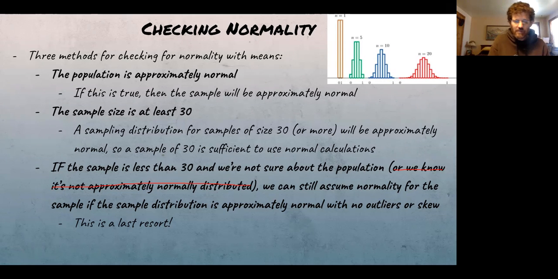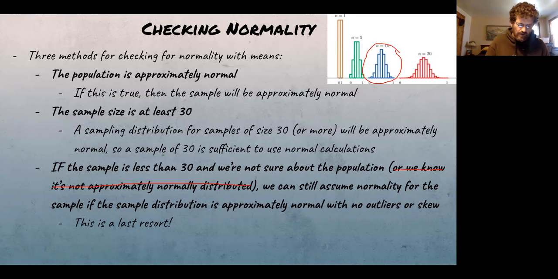So I can actually take my sample and create a distribution out of it. And if my sample looks like that, actually, let me go back. Let's say it was this one. Notice that sample size 10, and we end up with a distribution that looks like that. If that's the case, I can say, yeah, it's probably normal. We can assume that we're good to go.